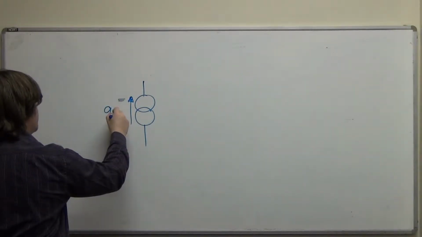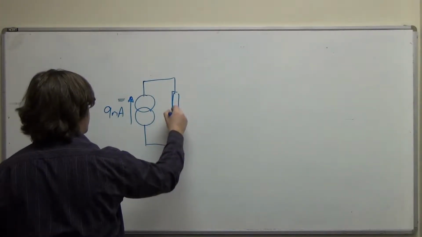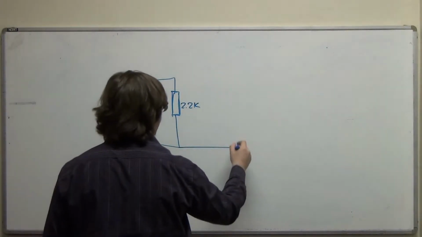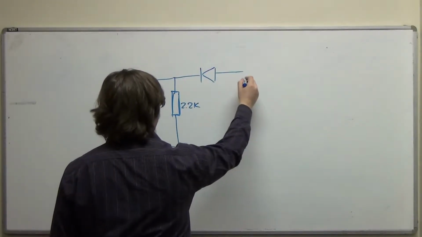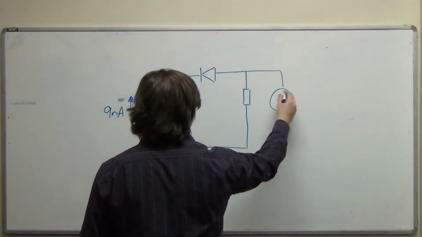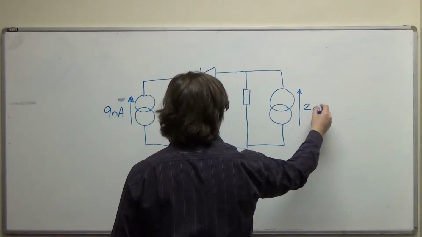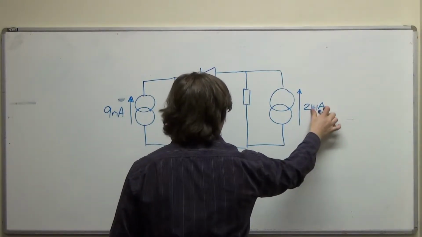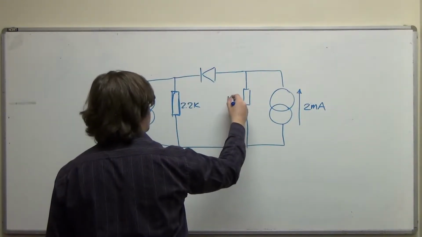This one was 9 milliamps, and then we had a resistor which was 2.2k, and then we had another diode and a resistor and another current source, and this one was up as well, and that was 2 milliamps. That's milli. And this was 12 kiloohms.